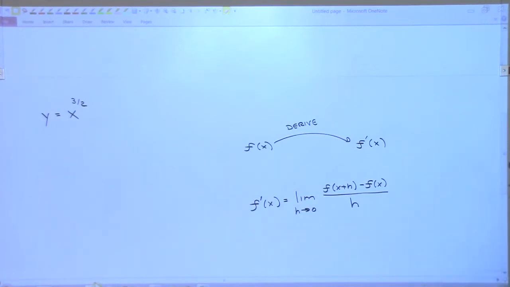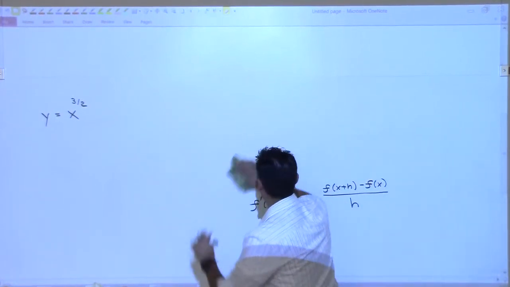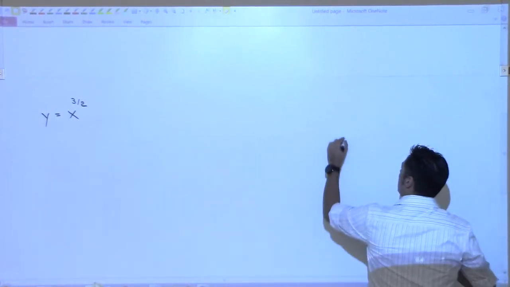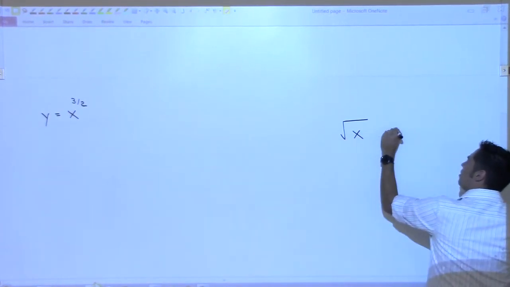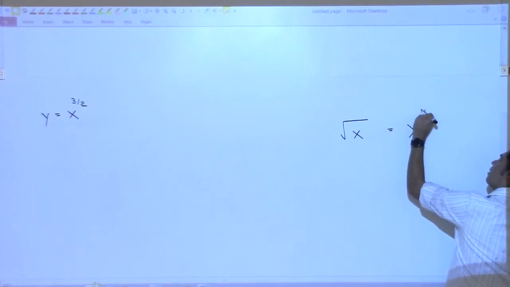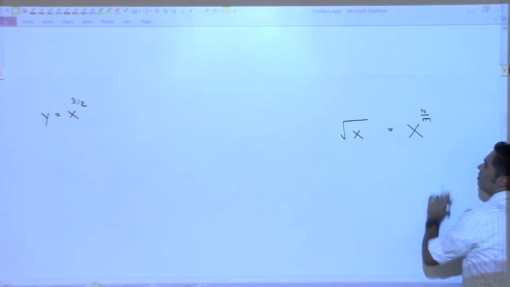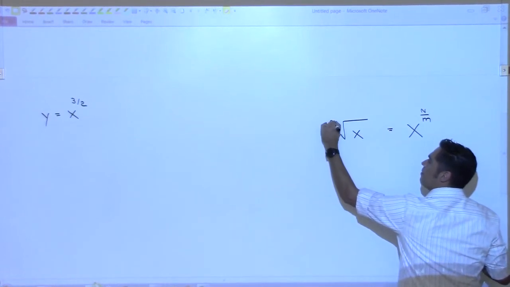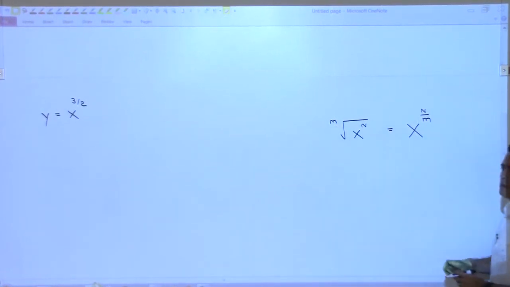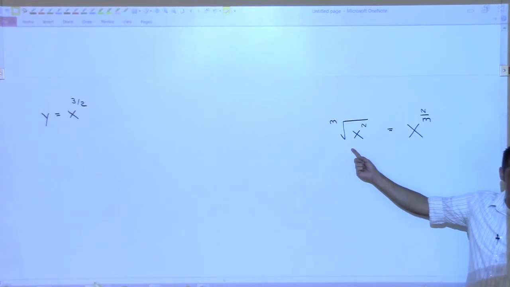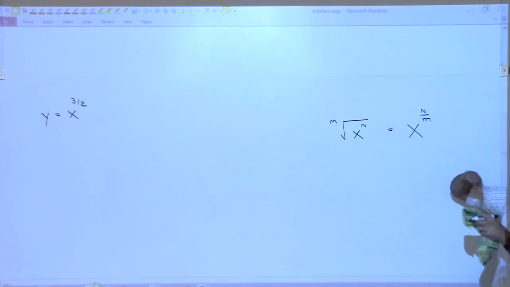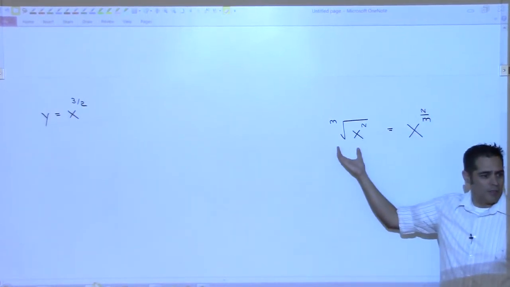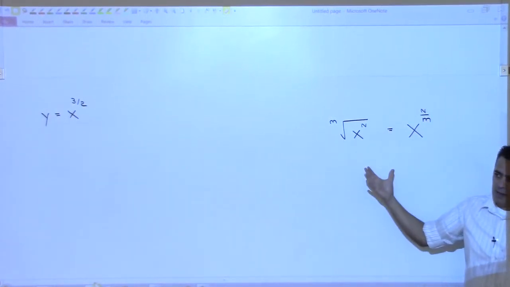So just so that we know what raising something to the 3 halves means, let's remember that if I have x to a fractional power like this, what that really means is that you're taking the mth root of x to the nth power. This is back from college algebra. We called these rational exponents because your exponent is a ratio. This is called radical notation. These are two different notations that mean exactly the same thing.